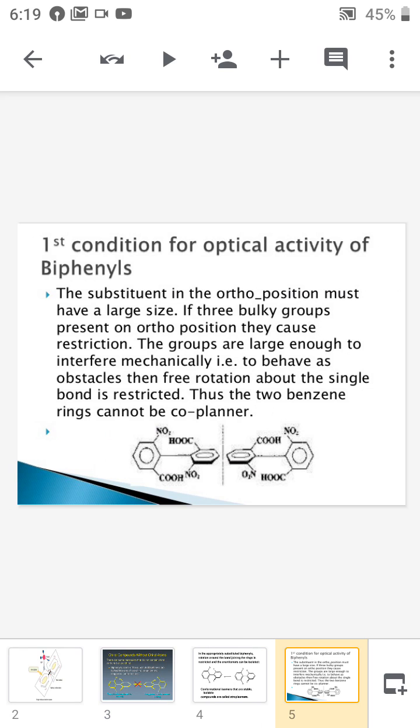Second condition, both rings must not be coplanar in character. The third one, there is no plane of symmetry.